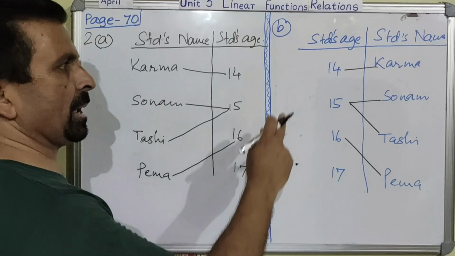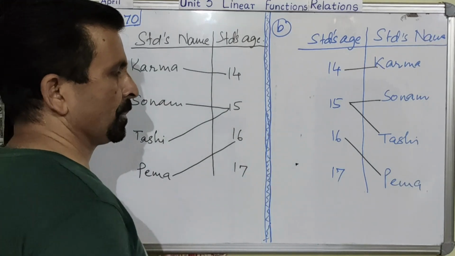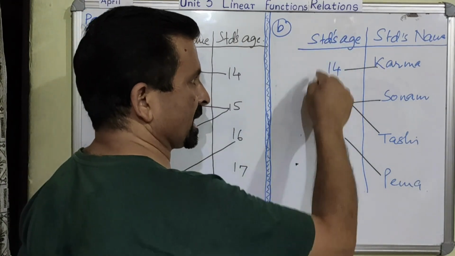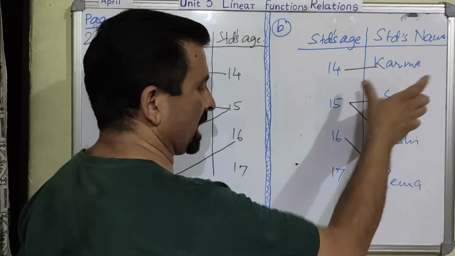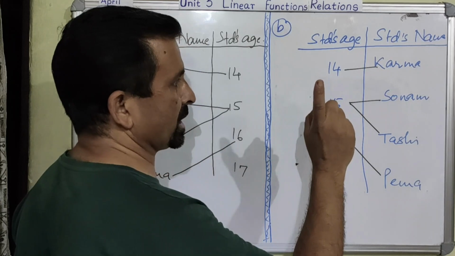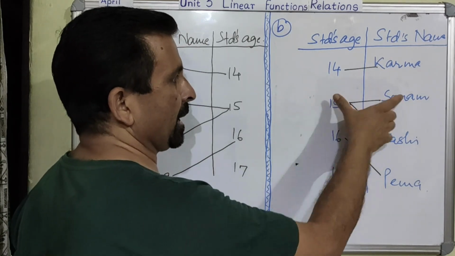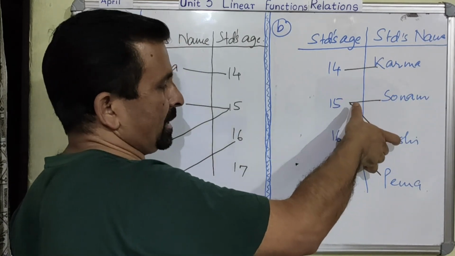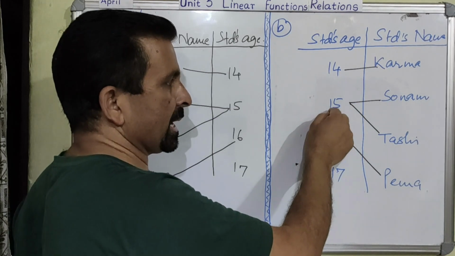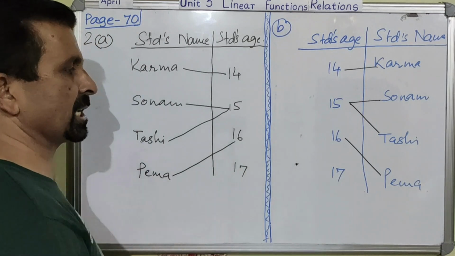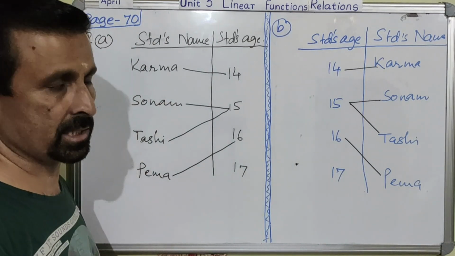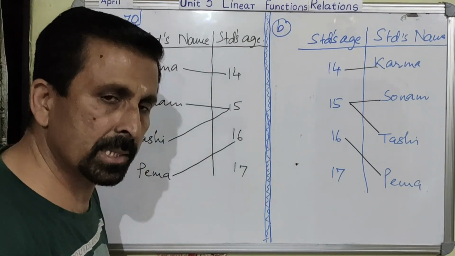This time this is the input and this is the output. When I write this relation into pairs, what you will notice is that 15 comes in this pair and will also come in this pair. That means the first term, the input, is repeating in more than one pair, and therefore this relation is not a function. Is it very clear?